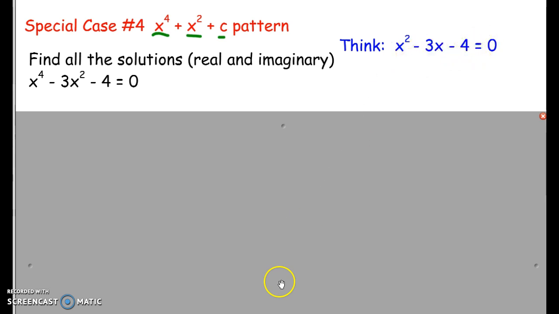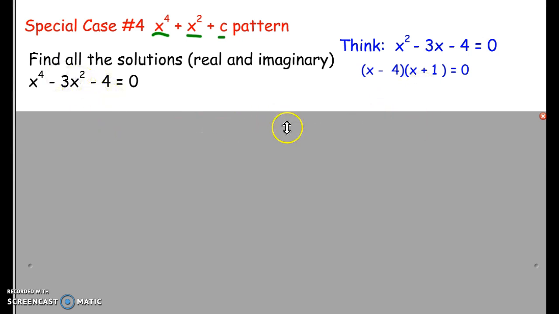In this example, we can do the quick factor: we set up two little factors with x and x, and then figure out the numbers that multiply to -4 and add up to -3. In this case, it's -4 and +1.